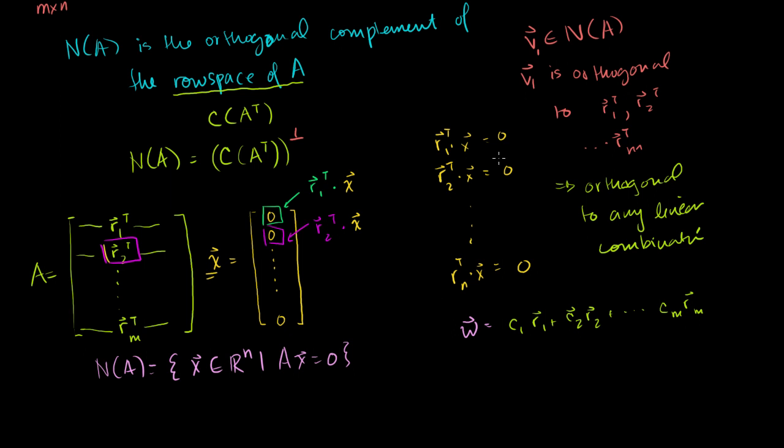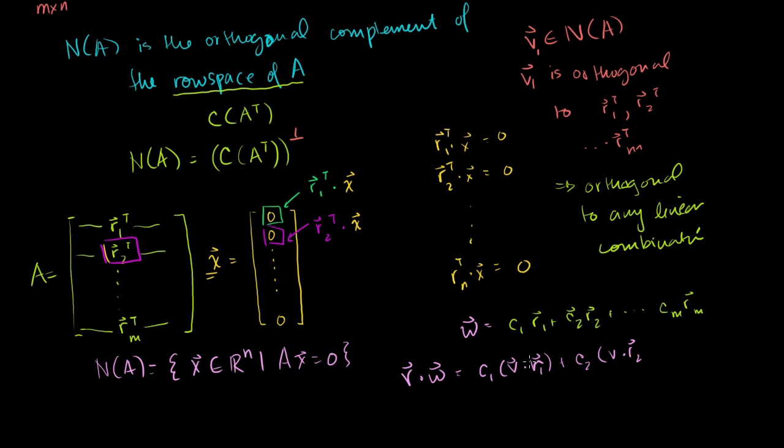So what happens when you take V, which is a member of our null space, and you dot it with W? If we were to take V and dot it with W, it's going to be V dotted with each of these guys, because our dot product has the distributive property. So it's going to be equal to C1, I'm just going to take the scalar out, C1 times V dot R1 plus C2 times V dot R2.